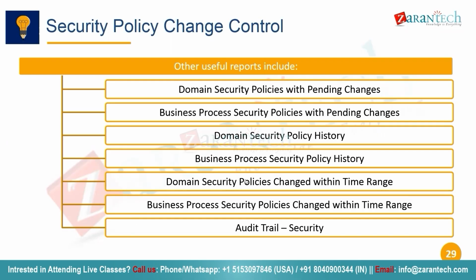For domain security policies within the last month, we can tell what all changes happened. Any business process security policy change within the last month, it will show what was done. Audit trail security tells about certain transactions and logging, who logged in, at what time they logged in, and all those things.